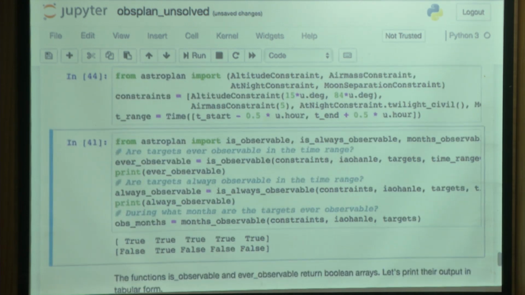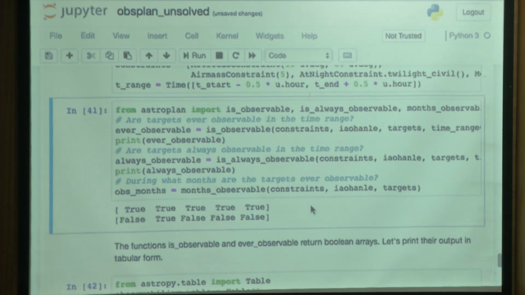Once we have defined these constraints, we can get a table which tells us a lot of the things that we need to know. Is it ever observable during the night? We can get that from the ever observable function, which tells us whether the object is going to be observable at any point in the night.